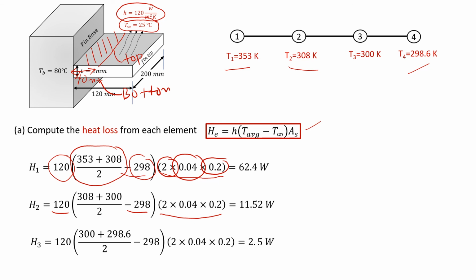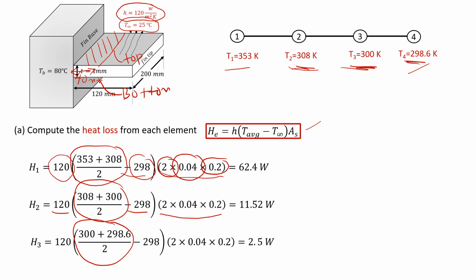For element 3, everything is similar except for the average temperature, where the average temperature for element 3 is between T3 and T4. For element 2, the T average is between T2 and T3.